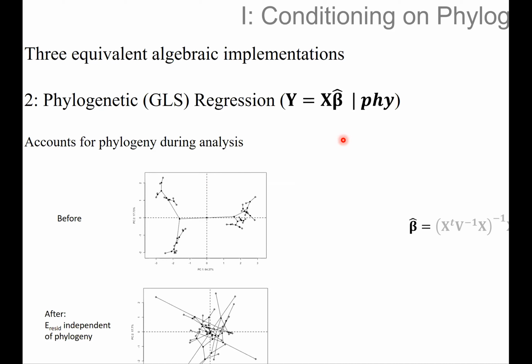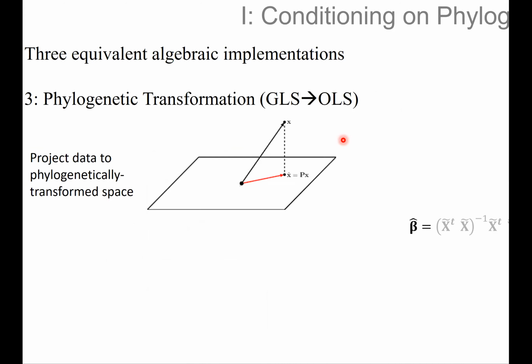That would work. Or a third way that's kind of elegant, and I like this one, is what's known as phylogenetic transformation. So what we do here is we identify a data space whose axes describe directions that are independent of the phylogeny, shown here in this plane.